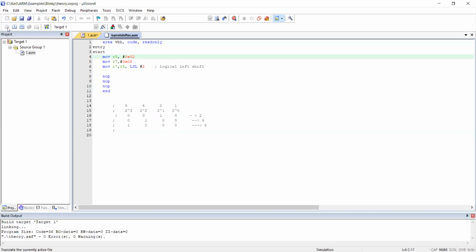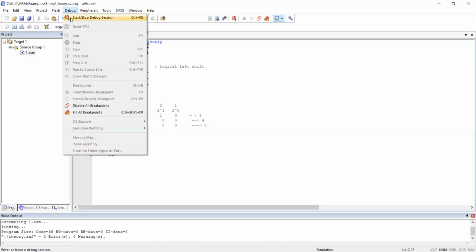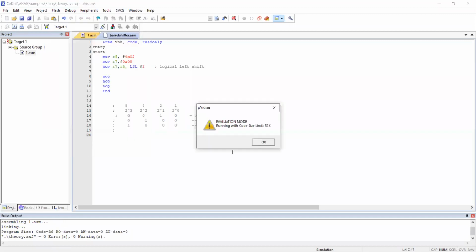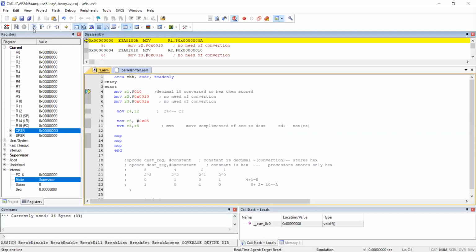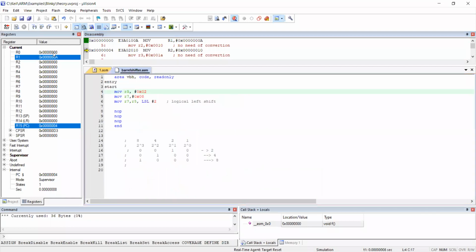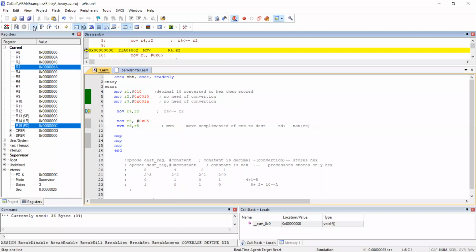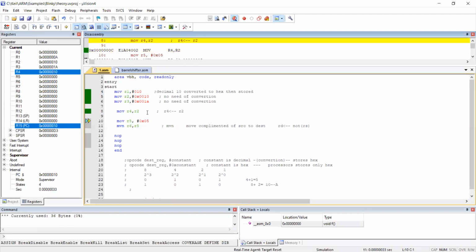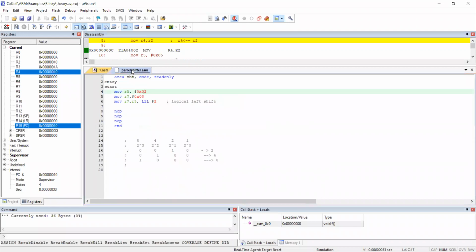Let me go a little fast. Build. No errors. Then start. See here, what is the answer in R1? Sorry, the barrel shifter I should execute. Okay, here one mistake I did. I have not removed the 1.asm barrel shifter program.